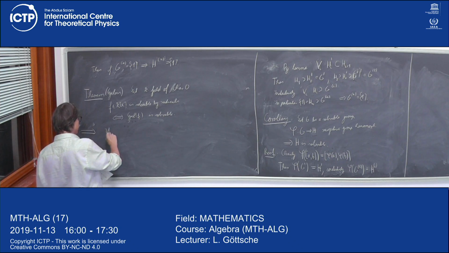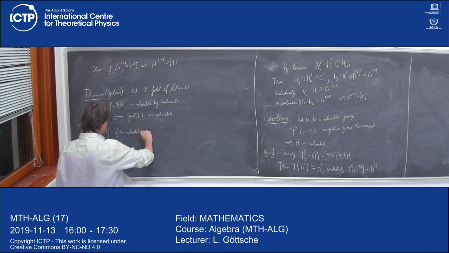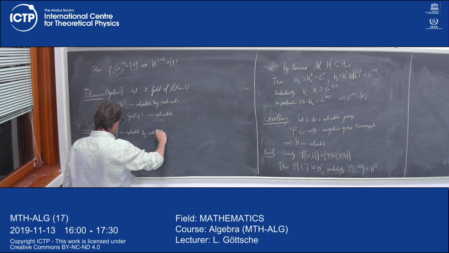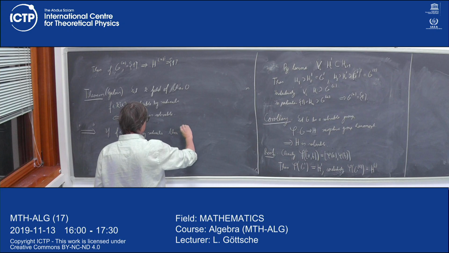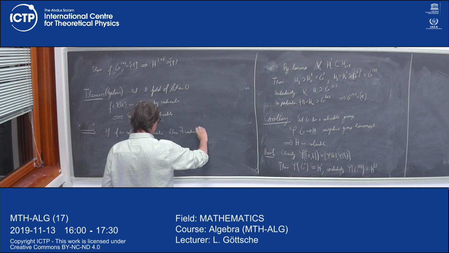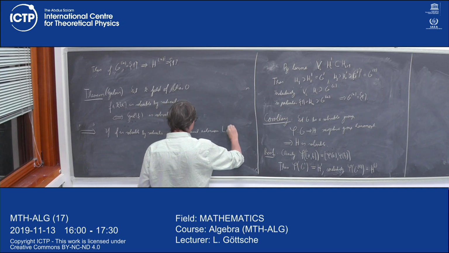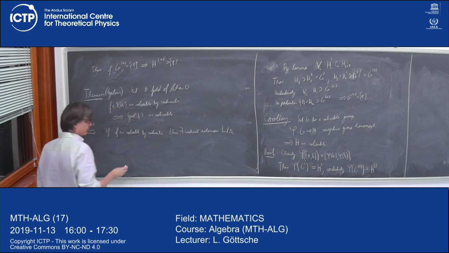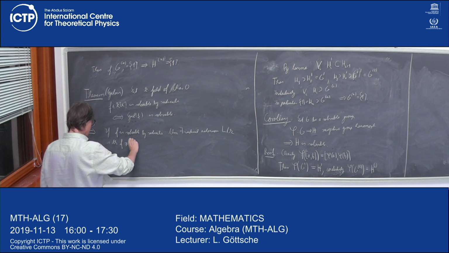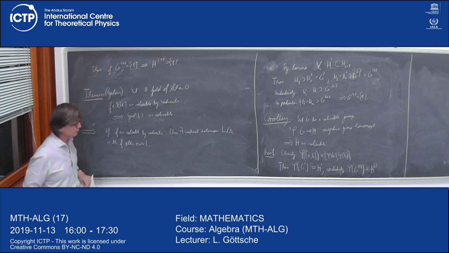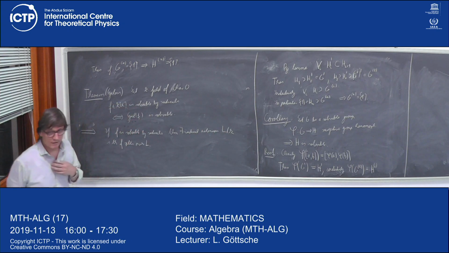So if F is solvable by radicals, then we know there exists a radical extension, say L of K, such that F splits over L. And then we would be supposed to somehow study this radical extension and come to this conclusion.